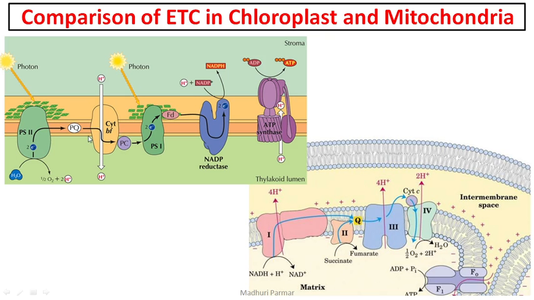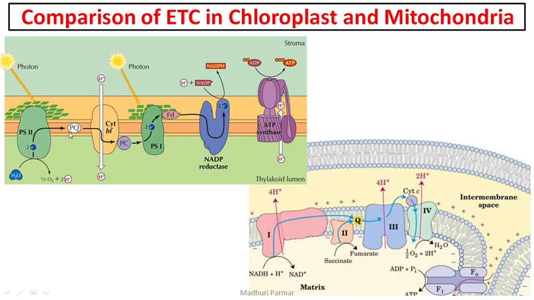Before studying, this is just a small comparison between the electron transport in chloroplast and electron transport in mitochondria. If you remember, in the thylakoid, from PS2, photosystem 2, 2 electrons were getting donated from H2O. So H2O was breaking down into oxygen plus protons, and the electrons were transferred to photosystem 2.